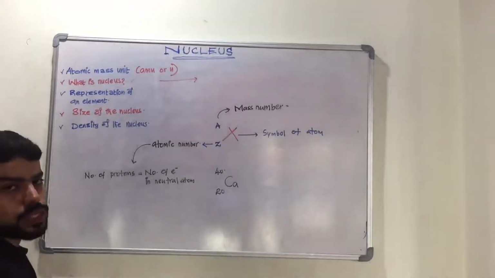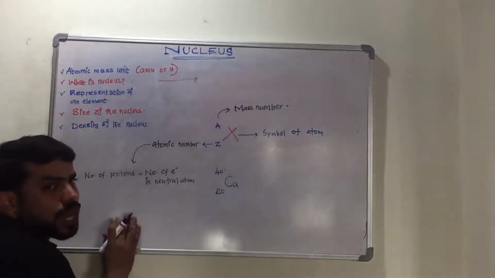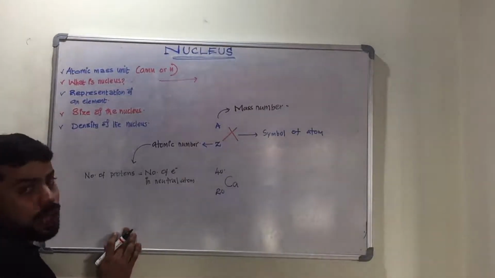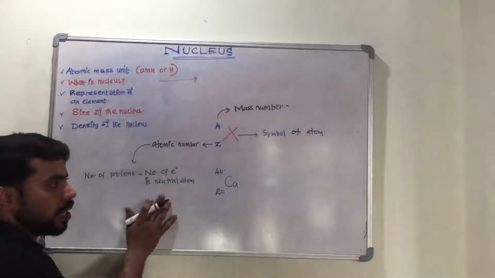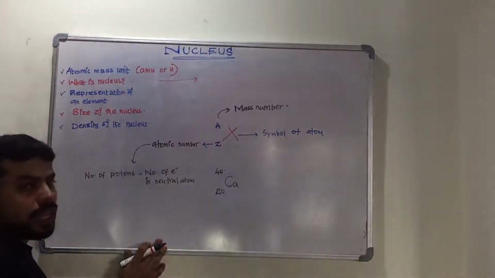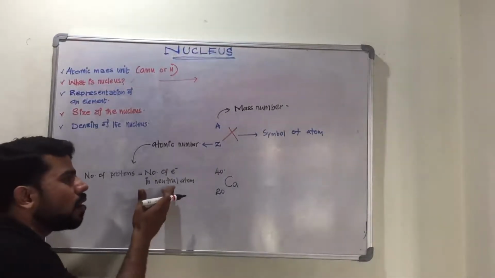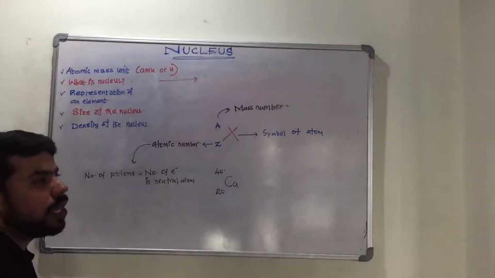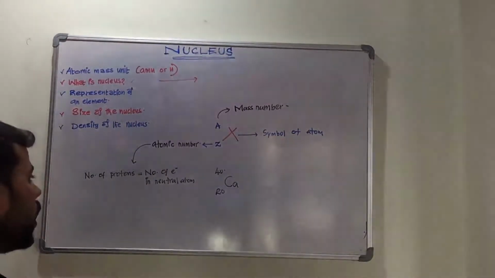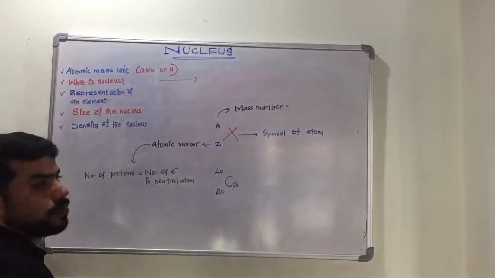If the atom gets charged, that charge is obtained by an imbalance in the number of protons and the number of electrons, and here the imbalance is made by increasing or decreasing the number of electrons. There will be no change in the number of protons.